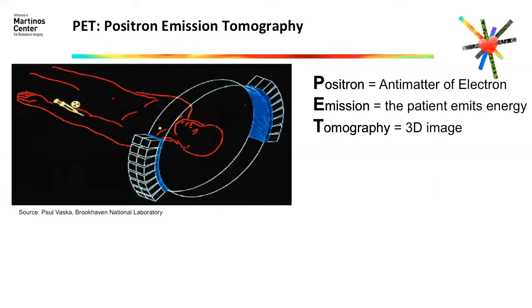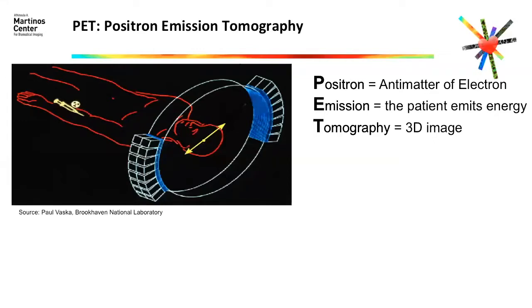How we're going to do that is by using a positron emitter particle, so radioactivity in this case. The positron is the antimatter of the electron. Yes, antimatter exists, and we use it in medical imaging, in this case for PET.